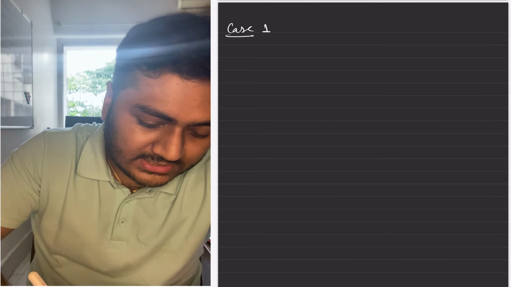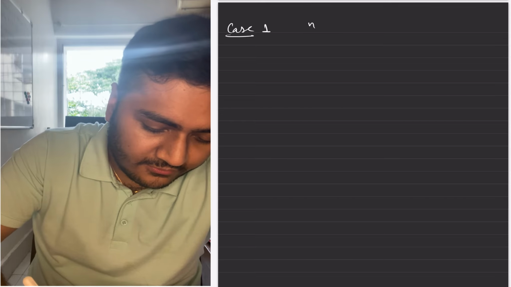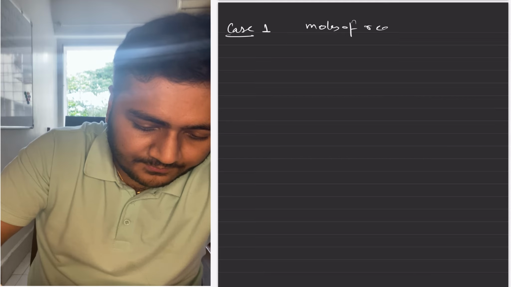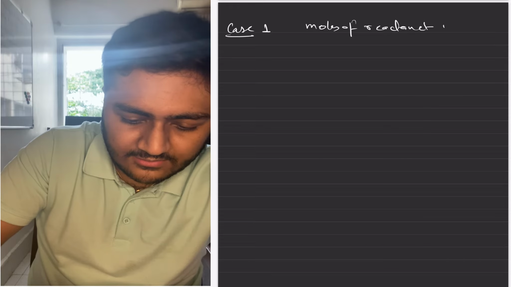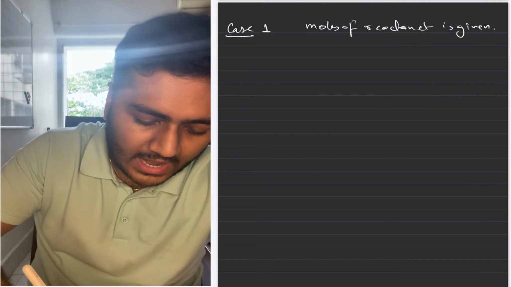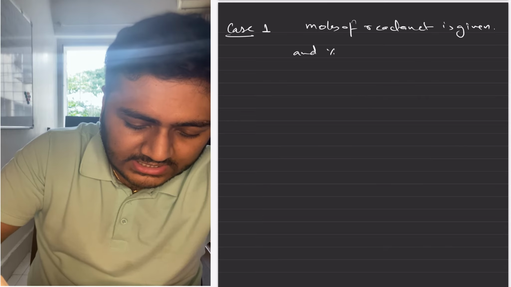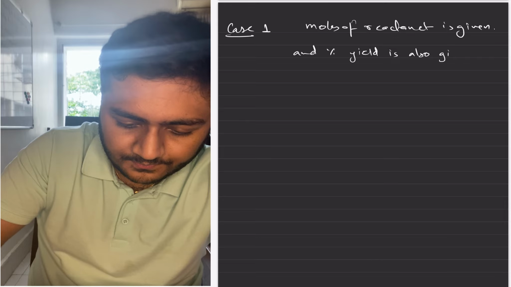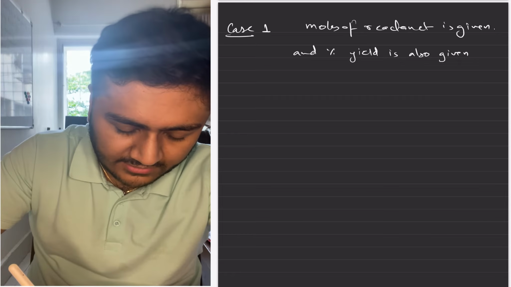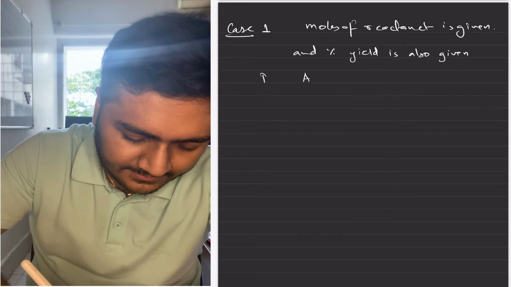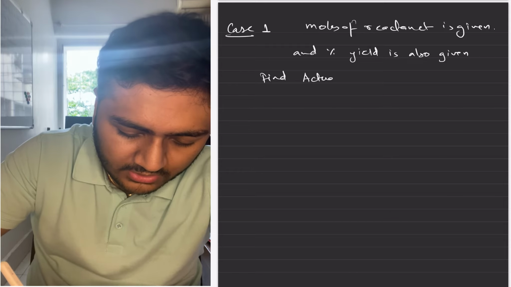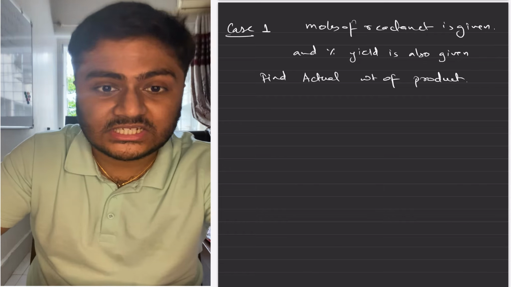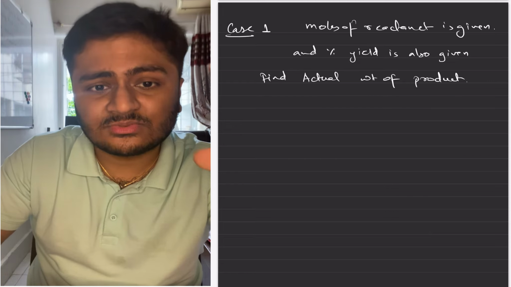Case one: moles of reactant is given and percentage yield is also given. They have asked you to find the actual weight of products. This is the most common use of percentage yield. Let's understand this particular case with an example.